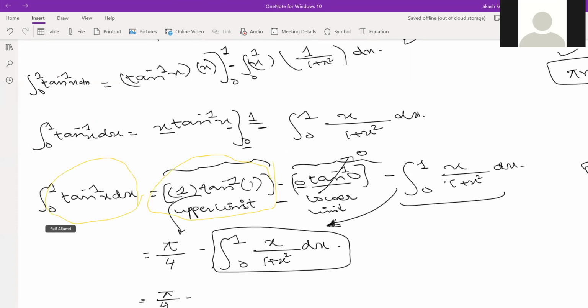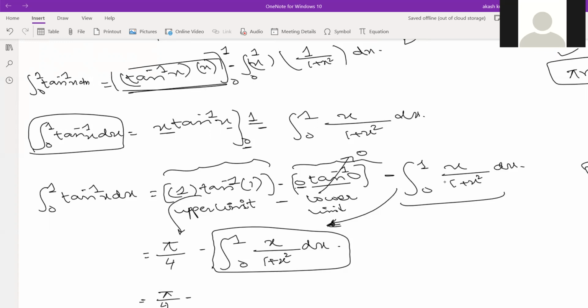We substitute these two? No, this is our question. And then we substituted our upper limit and lower limit into this function only.